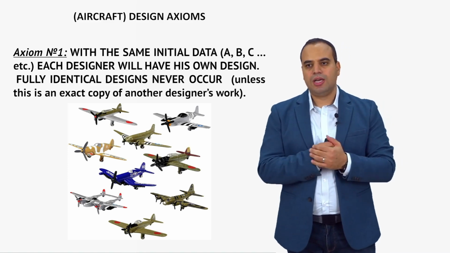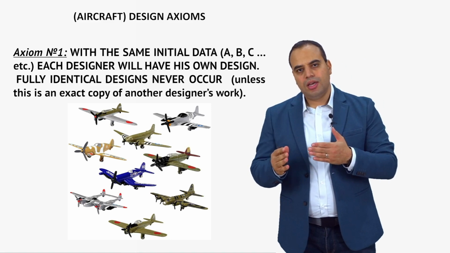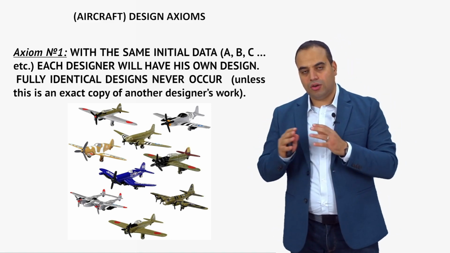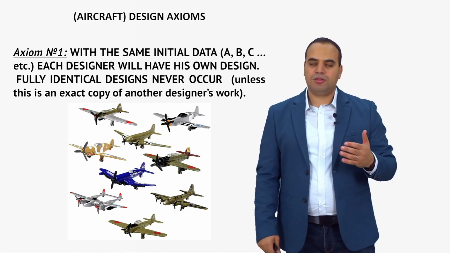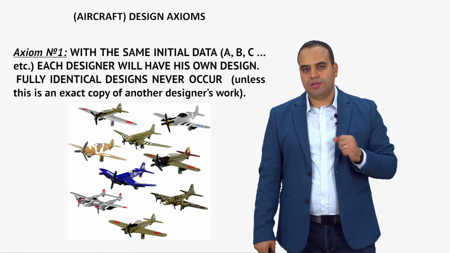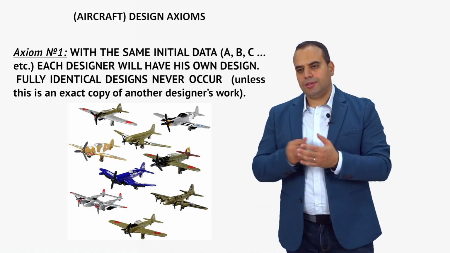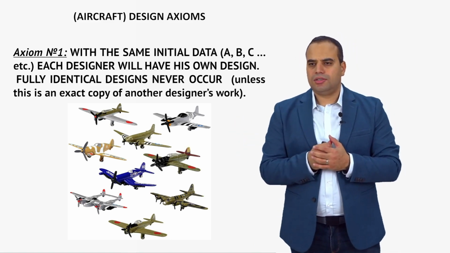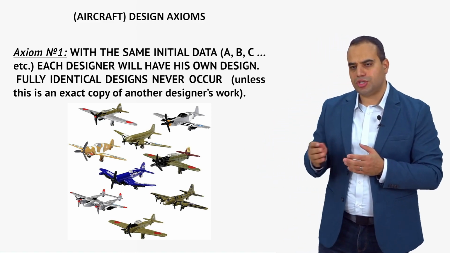For example, we have a certain type of structural loading on the wing, and every structural designer can come up with a different structure, and all of those structures work perfectly to take the same loading, right? So we have the same input, but the output depends on the designer and on his experience, on his objective perception of the aircraft and so on, and also on his own imagination and intuition and so on, right?